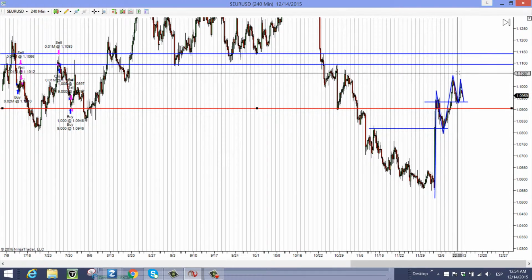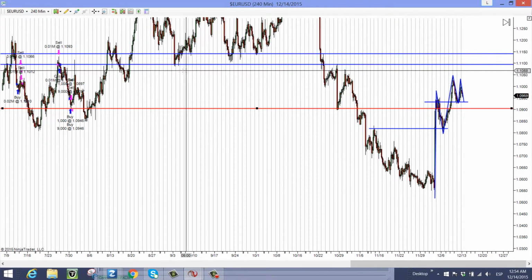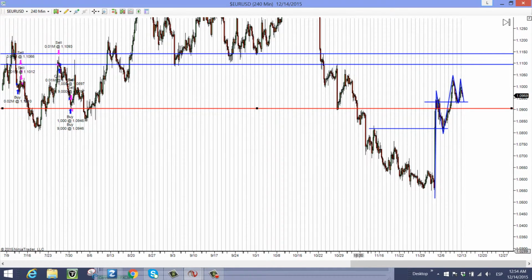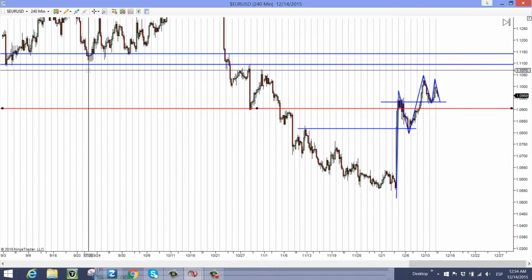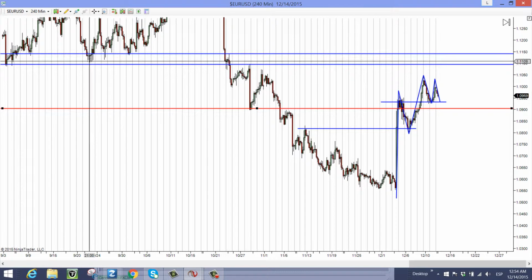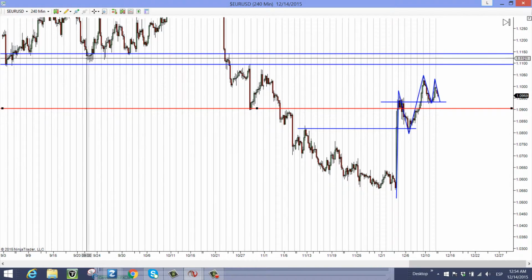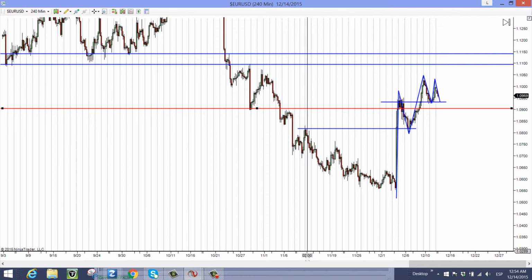Now it should become resistance, and the market is probably going to do something if it comes right up here. I can put my target right before it, or if you are one of those guys that wants to squeeze every single penny out of the market, you can look for the market to go to those wicks right here.